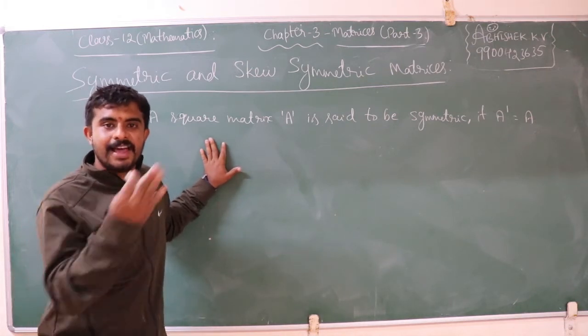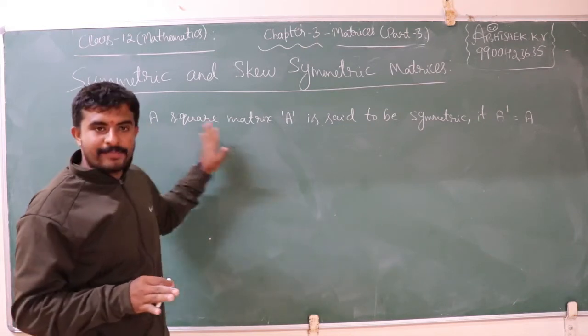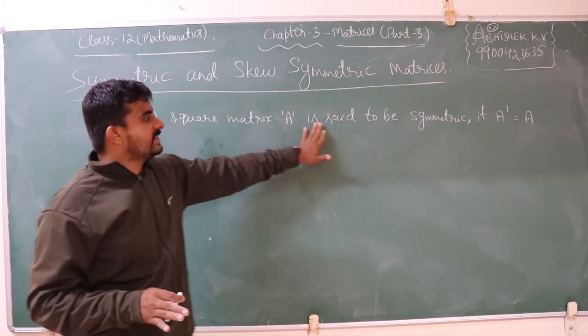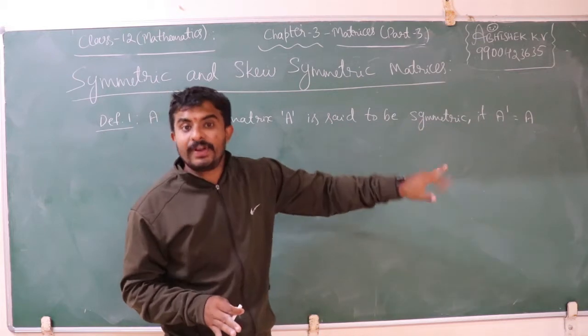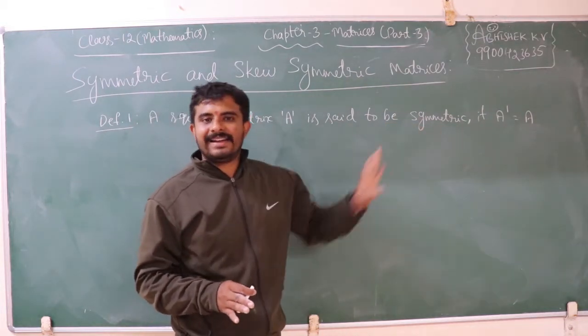What is a square matrix? Number of rows is equal to number of columns. Is it clear? A square matrix A is said to be symmetric if transpose of that matrix is equal to that matrix A.